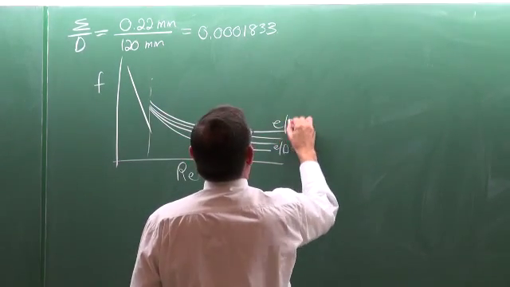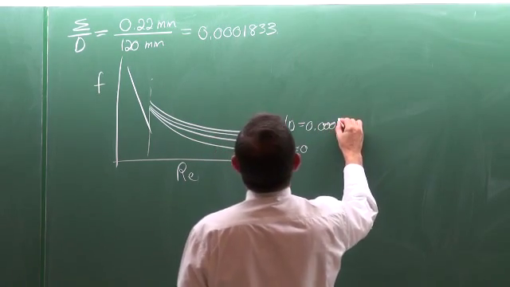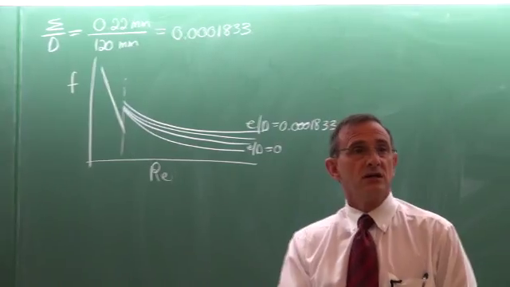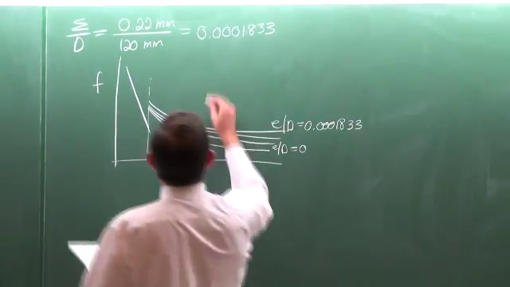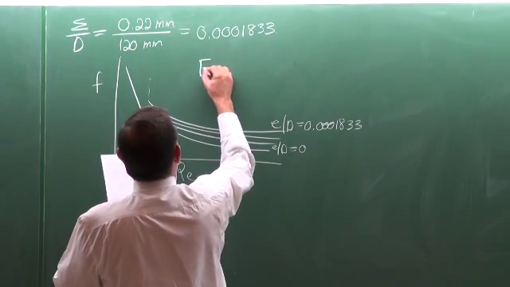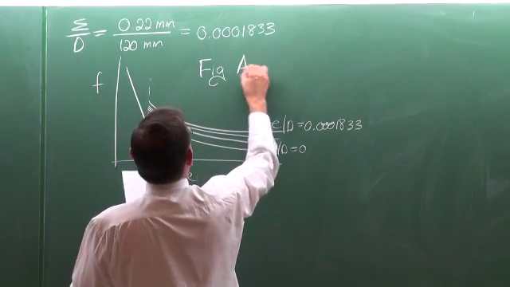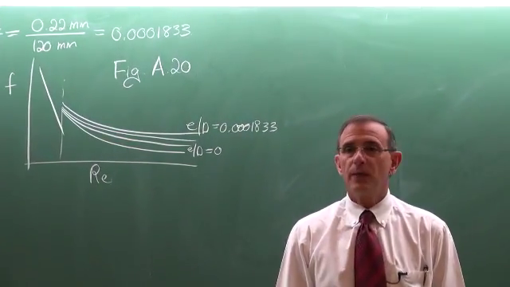So epsilon divided by d is equal to 0.0001833, and we have two possibilities. The first one is you can go and look at your Moody chart, which is also in the appendix of your textbook. It is figure 820, at the back of your textbook.